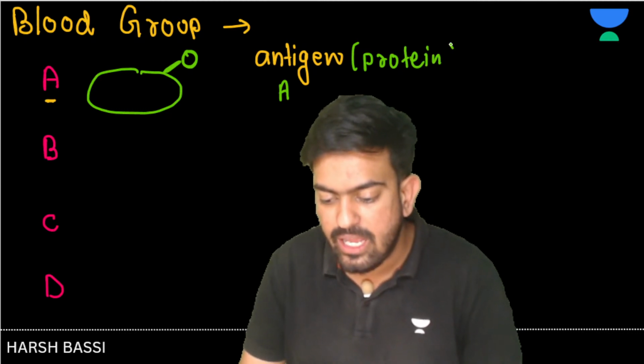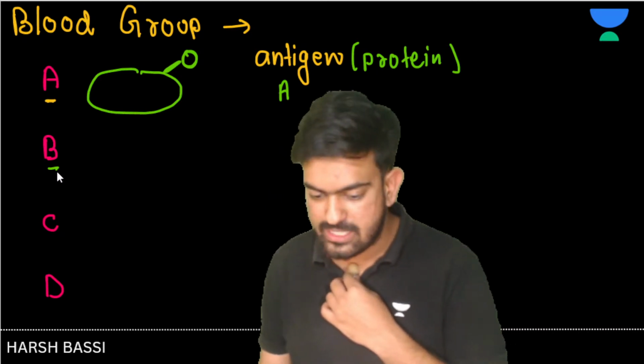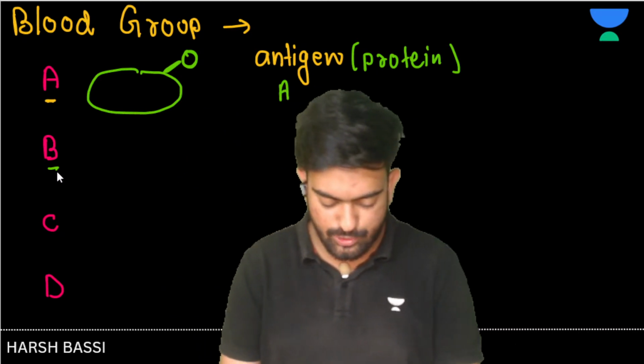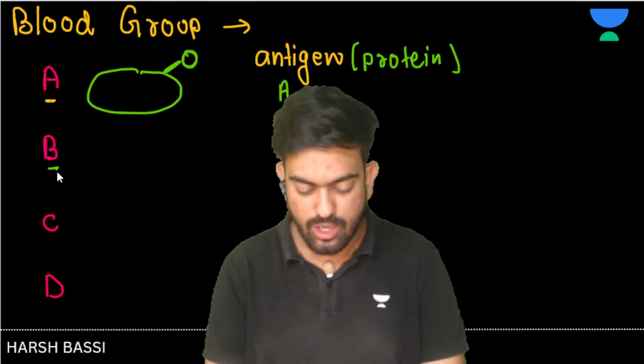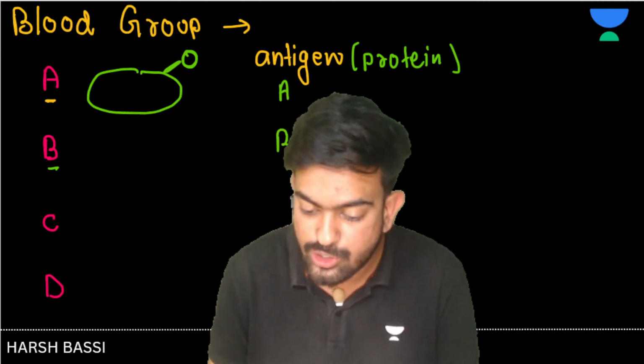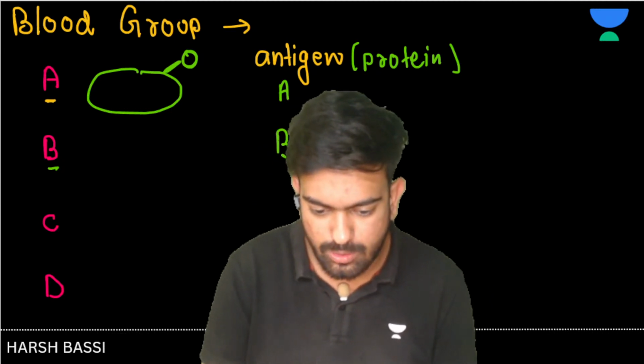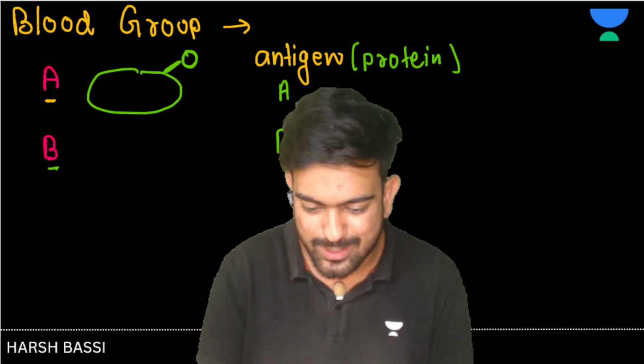So now tell me, if I talk about the B blood group, what kind of antigen should be present? It should be B. Yes or no? Just one second.